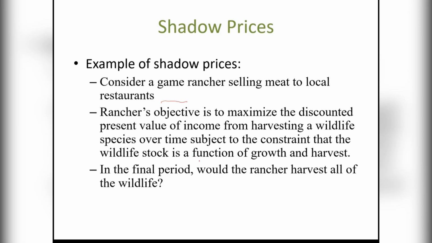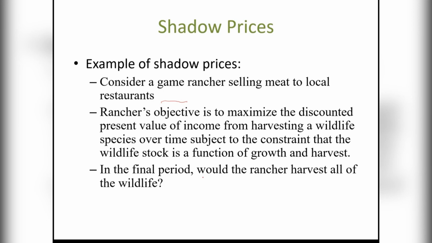The rancher doesn't want to get rid of all of his animals forthwith, because that would be too expensive. So over a period of time, the rancher will cull animals in a way that he has enough animals for the next period, depending on prices and so on, in order to maximize the discounted net present value.